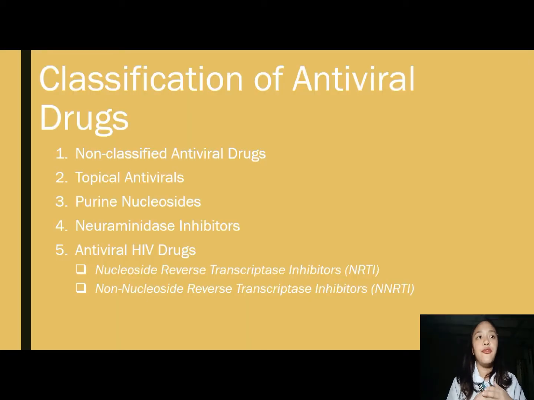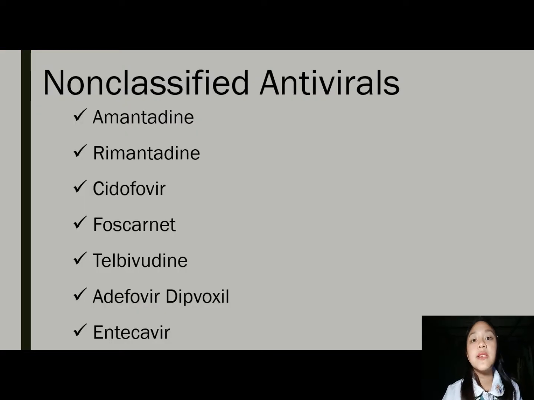We have 5 classifications of antiviral drugs. What are they? We have non-classified antiviral drugs, topical antivirals, purine nucleosides, neuraminidase inhibitors, and antiviral HIV drugs. Non-classified antivirals inhibit the replication and spread of the influenza virus, or flu, within 48 hours.